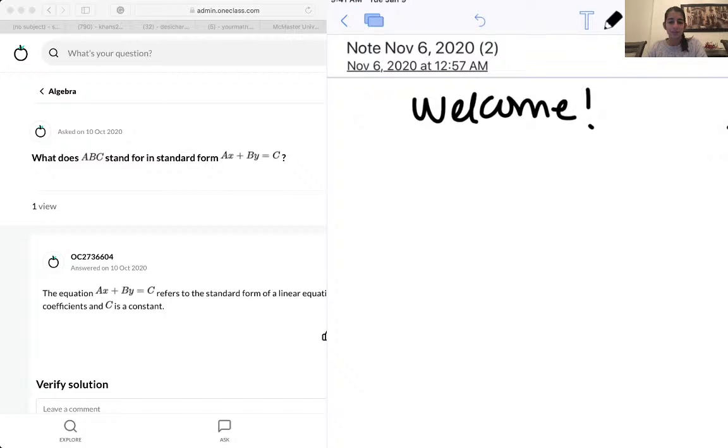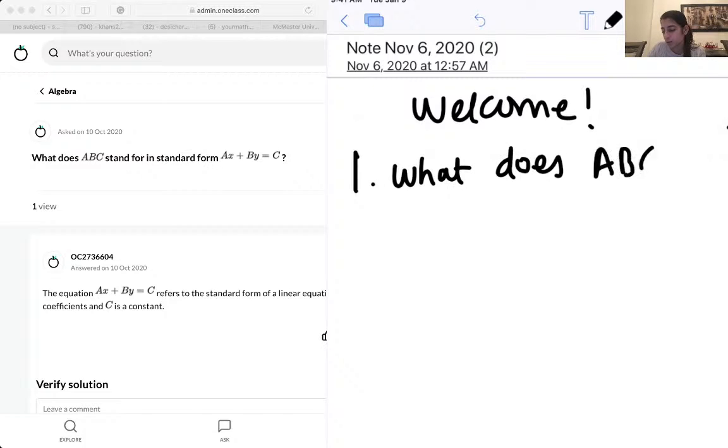Our first question is, what does ABC stand for in the standard form AX plus BY is equal to C?